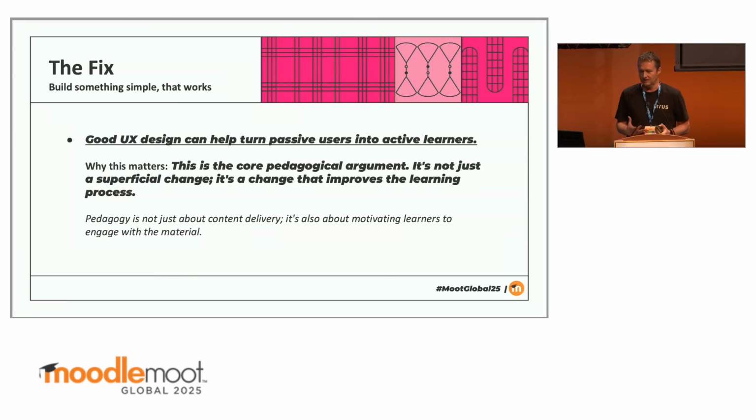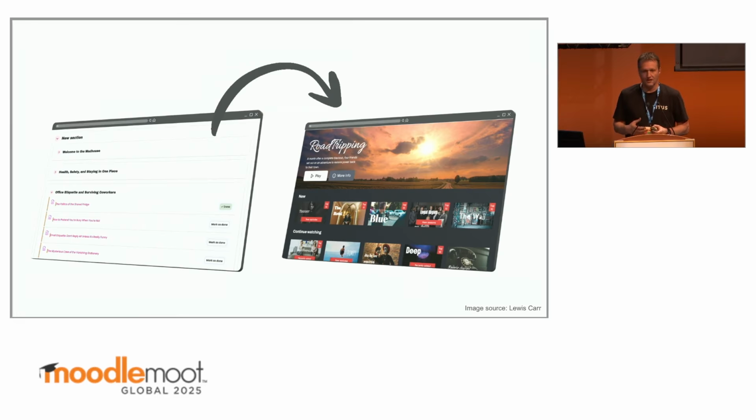We want to improve that learning process. So how do we turn Moodle from the thing on your left to the thing on the right? Moodle out of the box is not the greatest experience. Luckily, there are a big bunch of themes that try and dress that up, but we need to go a little bit further as well.